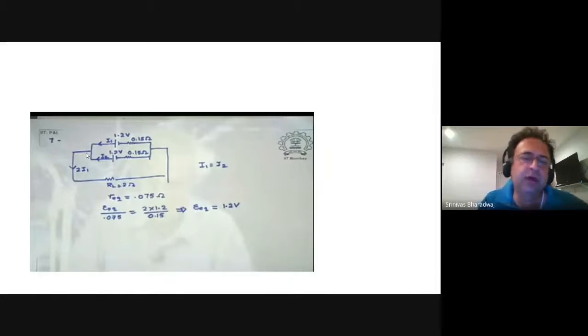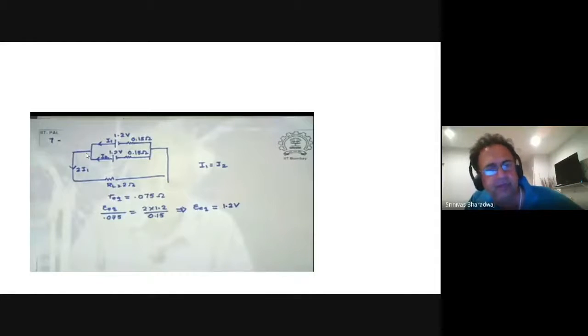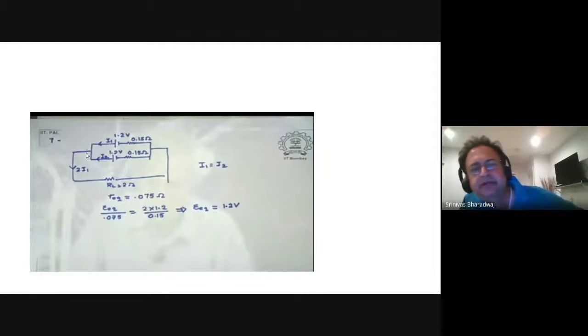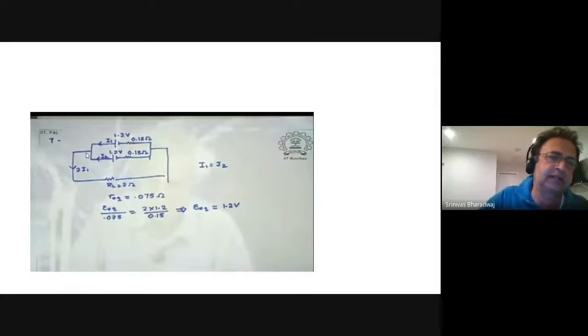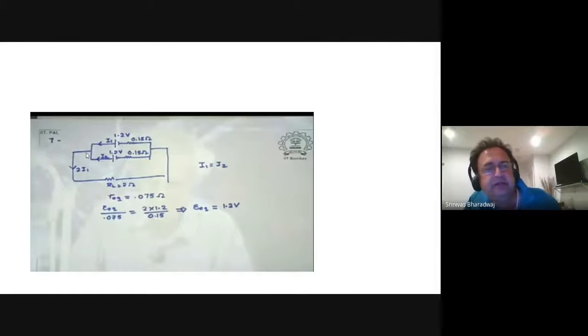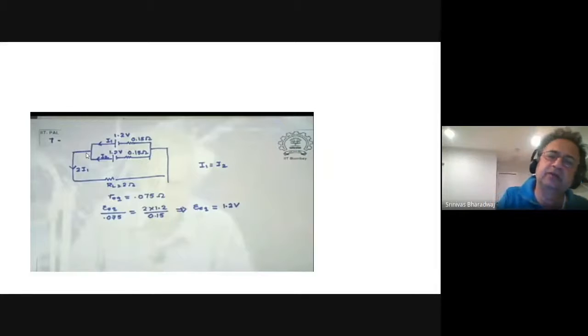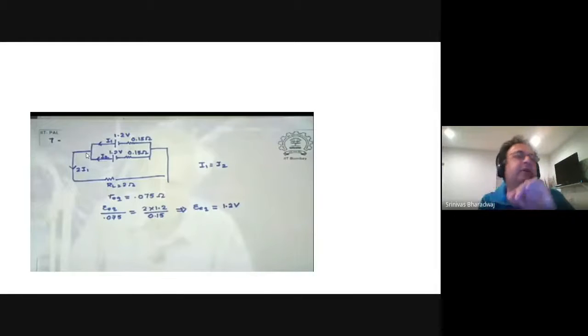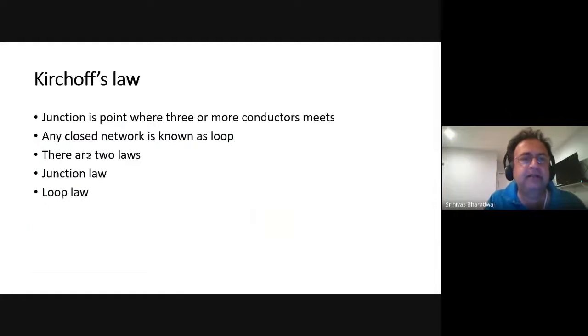So I1 plus I2 minus I equals 0. I put incoming as plus, outgoing as negative. So all the currents at a junction sum to 0. Just follow the plus and minus convention. Otherwise, you write it as I1 plus I2 equals I: all the current coming in is equal to all the current going out. That is called Kirchhoff's junction law.